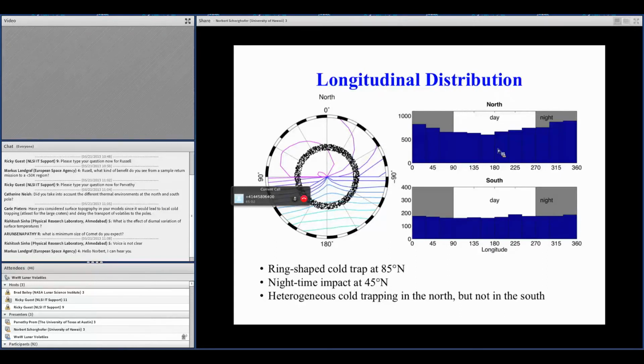So there's only a small amount of longitudinal heterogeneity, and only in the hemisphere where the impact occurs. And that all makes sense, of course, because the hop length is so much larger than the cold traps.